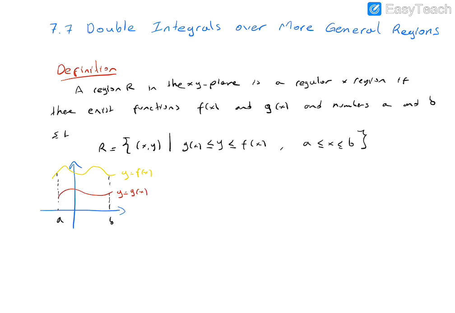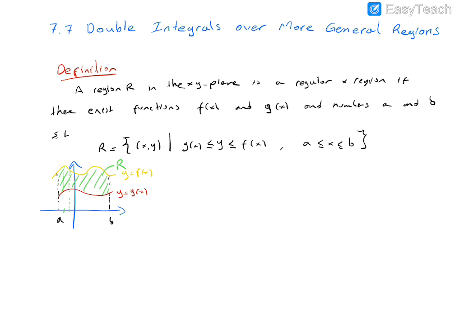While x changes from a to b, y changes from g of x to f of x. So this is our region. For this value of x, these are our y values, and these are our y values for another value of x. So this region is our region R. This is an x regular region because y depends on x, and x changes between the regular values a and b.